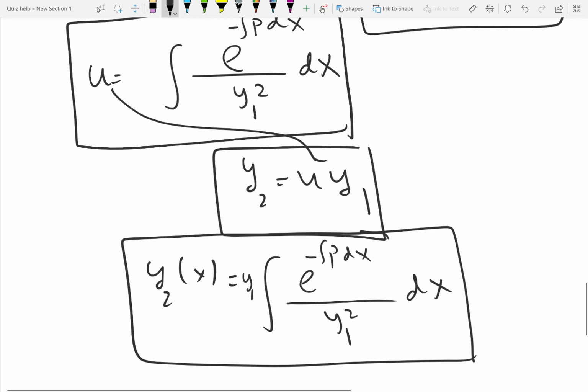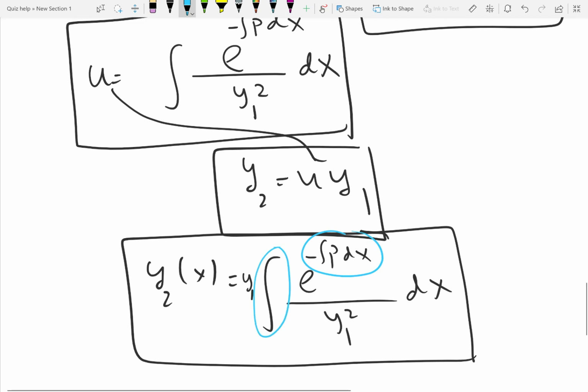First approach is to directly use this formula. It looks horrible, but it is not. It is very easy to implement. You just need to do integration twice and some algebraic simplification. Here you have to do integration, here you have to do integration.